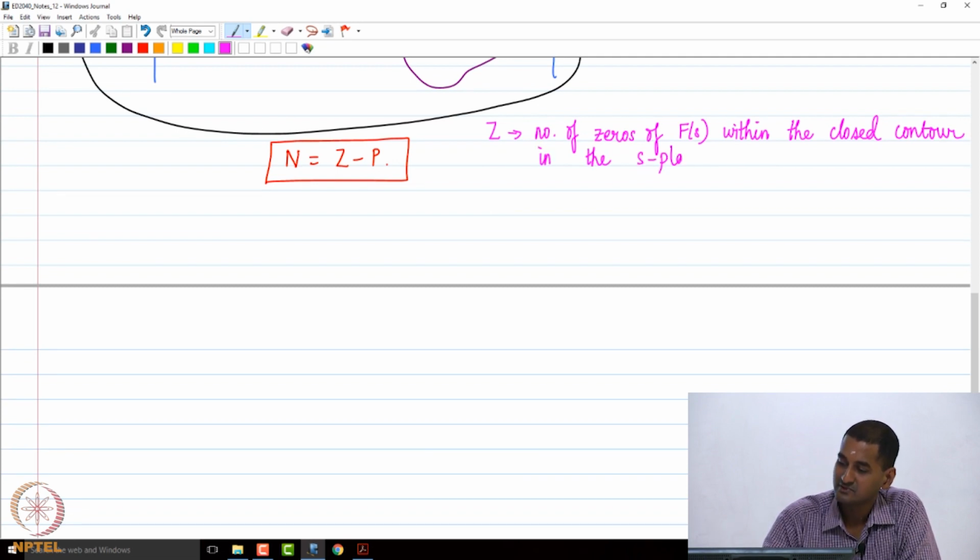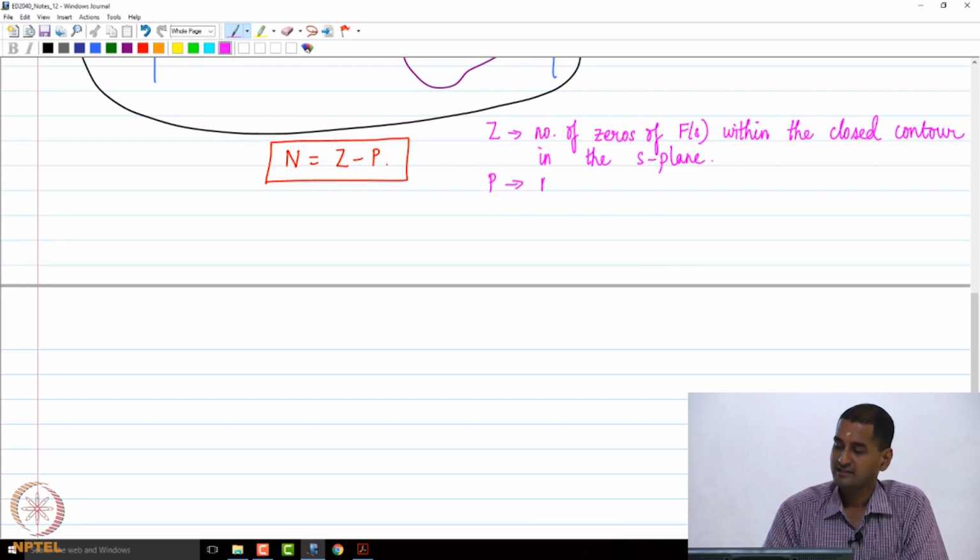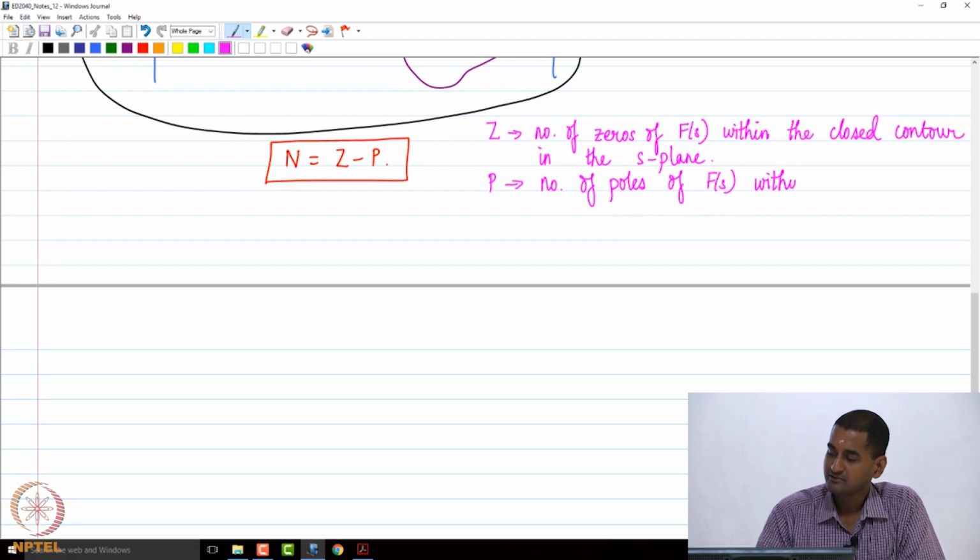What is P? P is the number of poles of f of s that lie within the closed contour in the S plane.